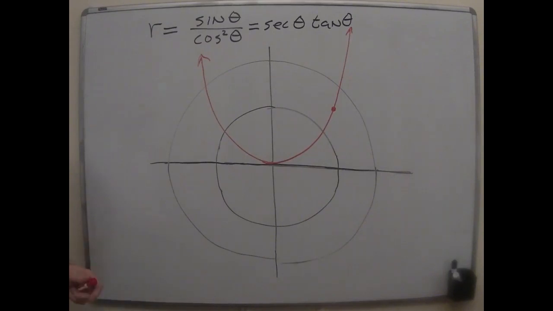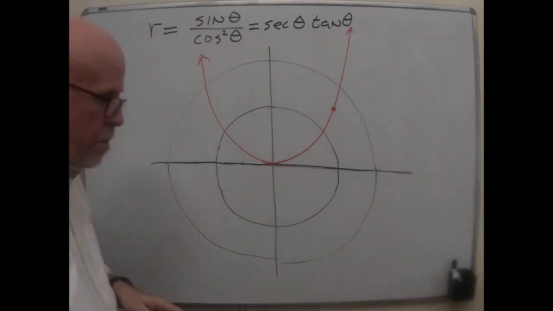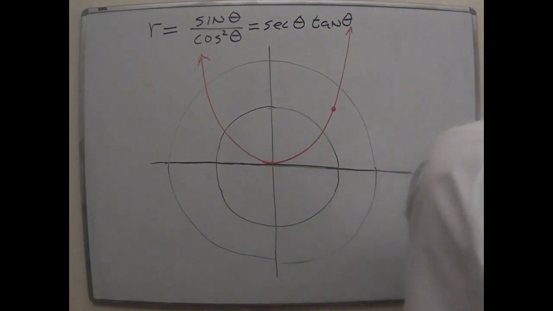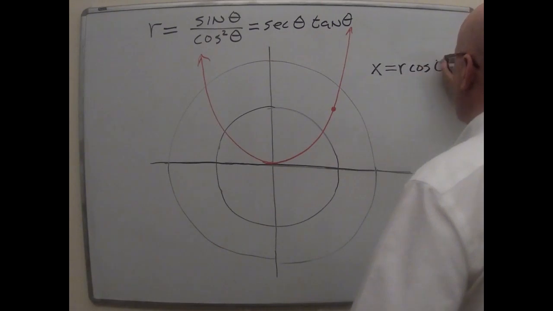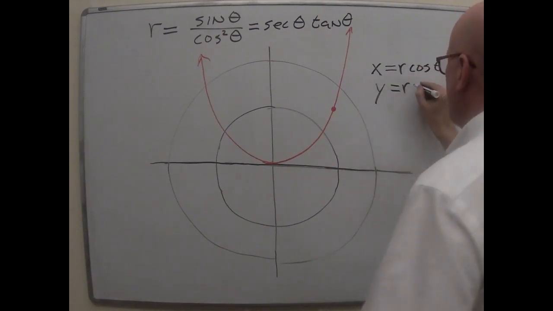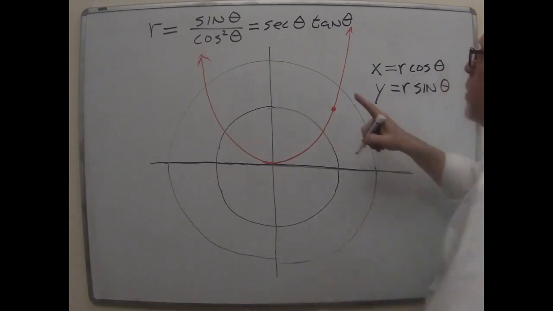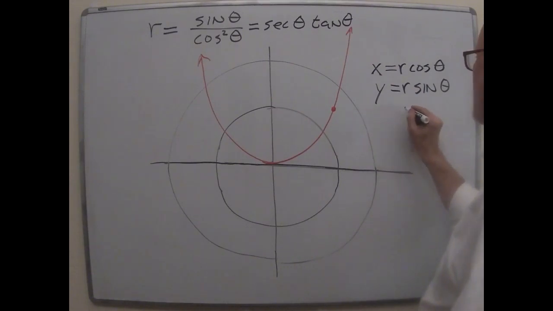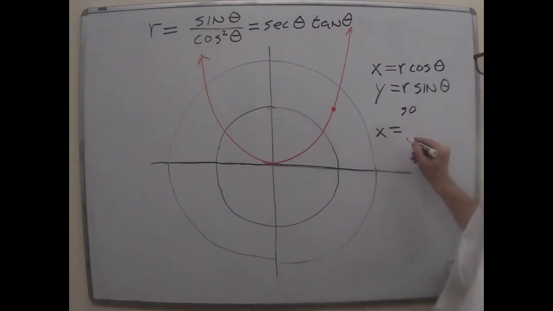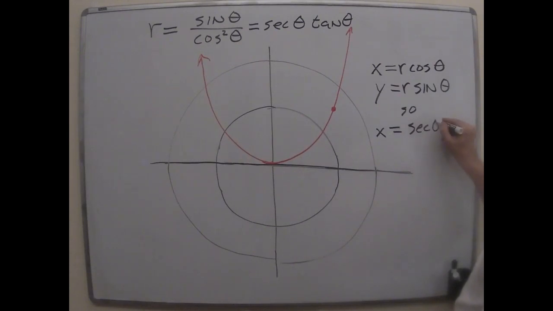So how do we work out our slope? Well, x is r cos theta, and y is r sine theta. But r is secant tangent theta. So x can be thought of as secant theta tangent theta cosine theta. Let me just bump like that, okay?